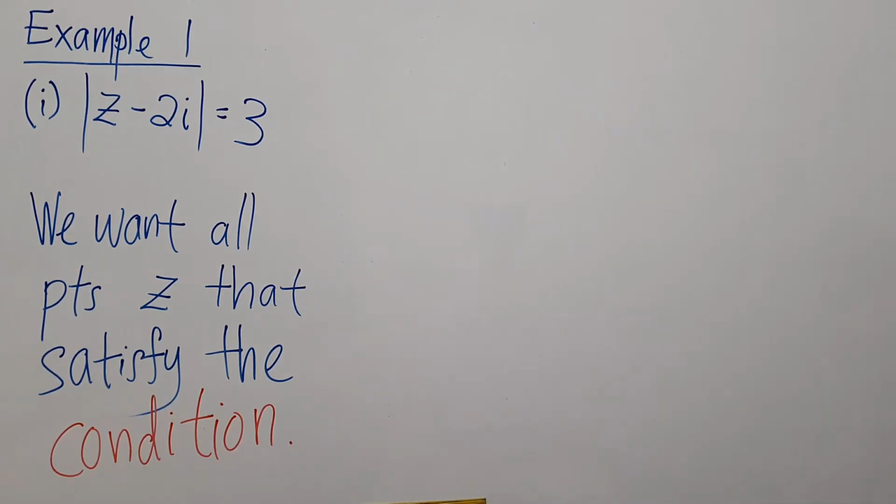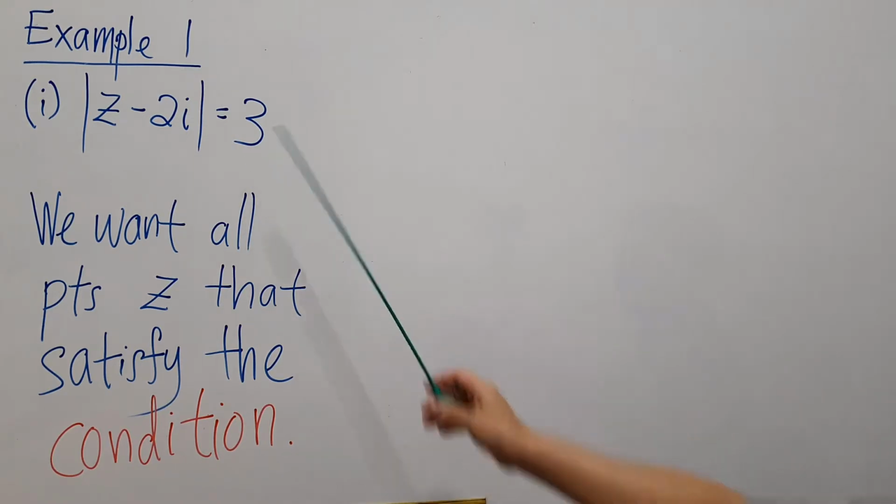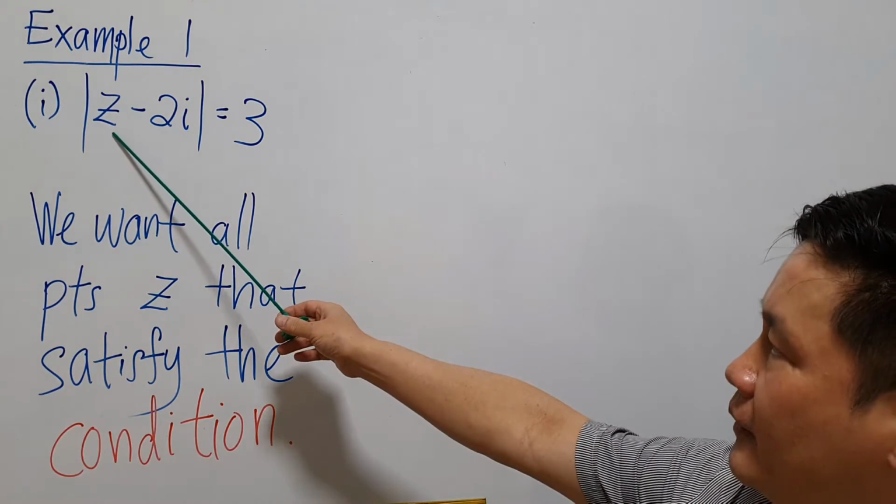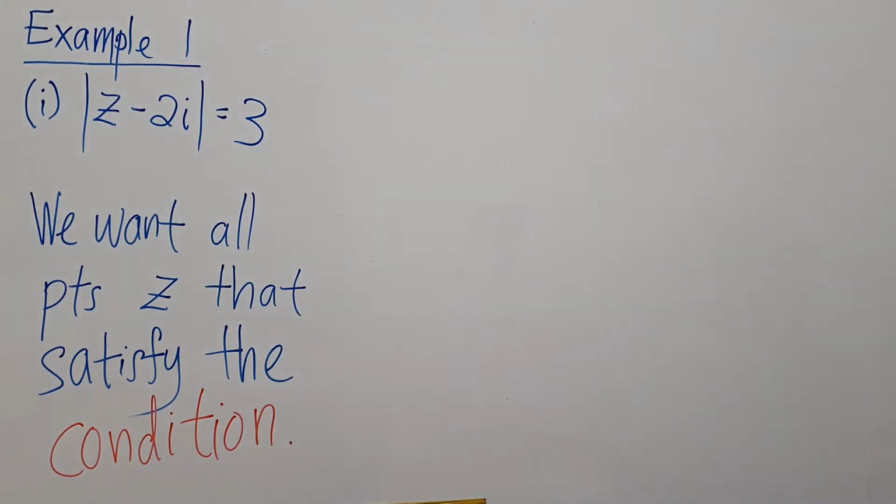We want all those Z that will satisfy this equation. If you look at this equation, very quickly you can actually guess, say the complex number 5i will satisfy this equation, right? So the complex number 5i will be such a point.